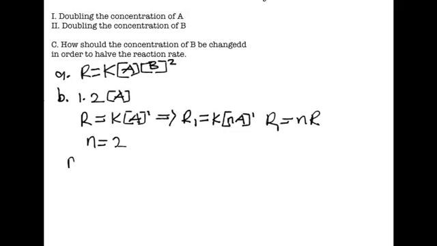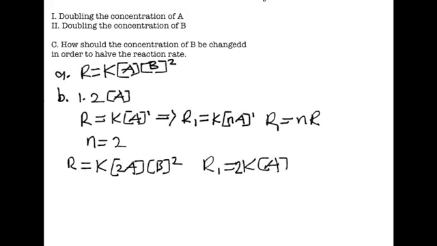So when we write our rate equation this way, we have a constant, and then we have 2A. Then we can write our new rate, which is R1 again, equal to a constant, and then let's bring the 2 out, so we have 2K[A][B] squared. So how do we know that the rate will double?